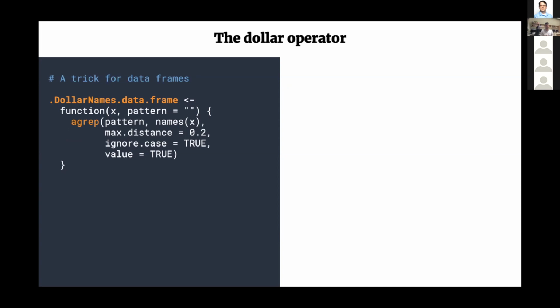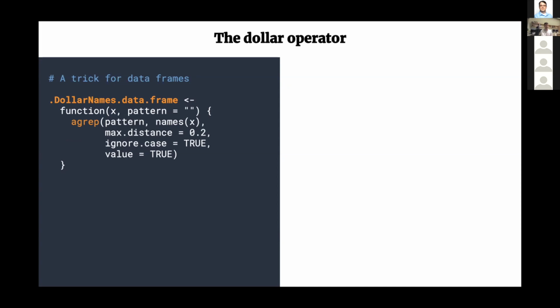If you look at the 3rd argument there, max distance, it specifies how much of a mismatch the function tolerates. Then we also add ignore case because we want to autocomplete even if we put the wrong case there, and value equals true, just so it returns the value to us.